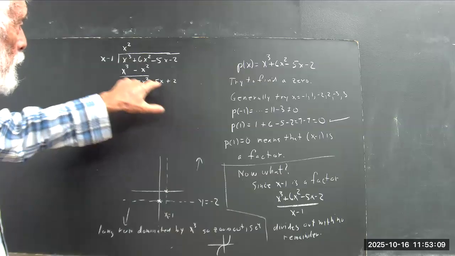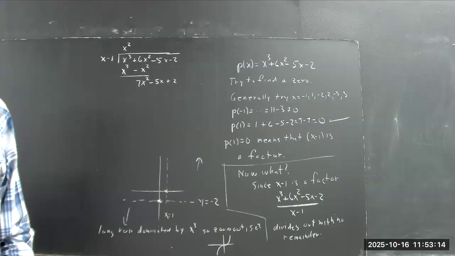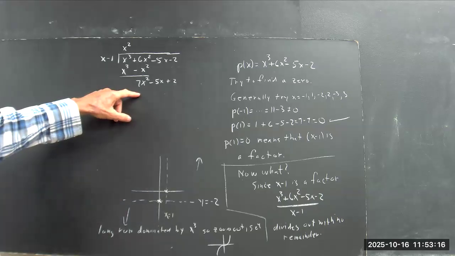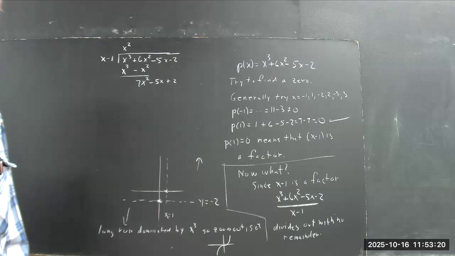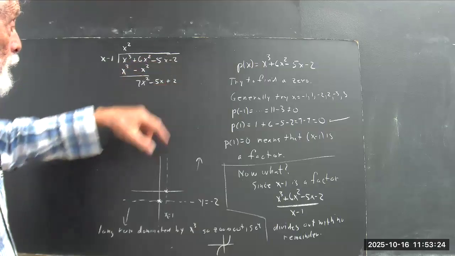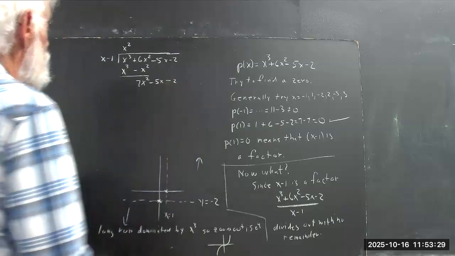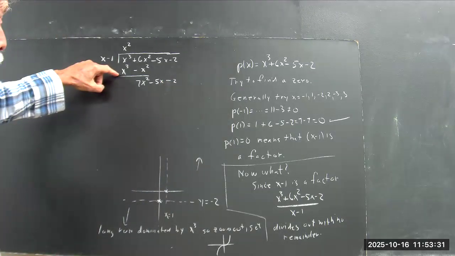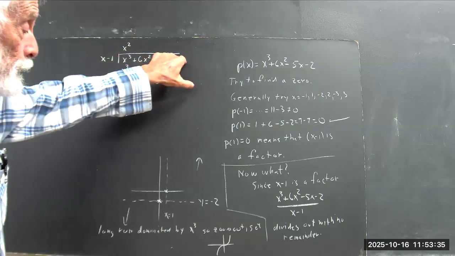If we add this to this, we get this. Can you verify that? 7x squared added to negative x gives us 6x squared, right? And the negative 5x gives us negative 5x, the negative 2, that's negative 2, I wrote that wrong. And we've already got the x cubed. So if we add this to this, we get this.